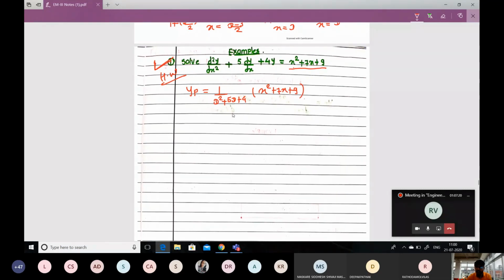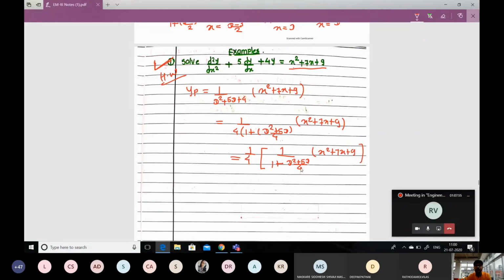In this case, I will take 4 common. After taking 4 common, instead of 4, I will write 1 and the whole term in the bracket d square plus 5d divided by 4, and the right hand side as it is. So we have 1 upon 4 outside, then in the bracket 1 upon 1 plus d square plus 5d divided by 4, times x square plus 7x plus 9.